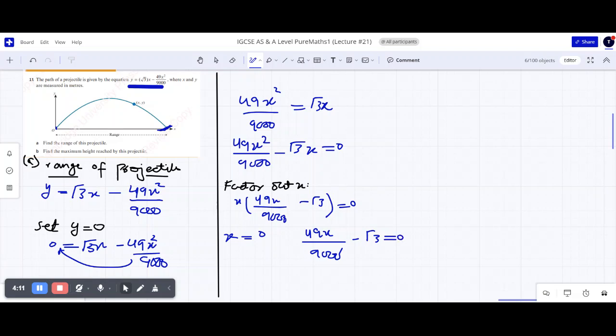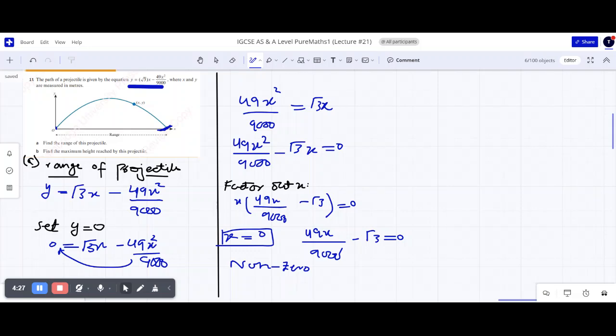First, x equals 0, and the second one is 49 x divided by 9,000 minus root 3 equals 0. The zero value we will neglect, because the range would not be zero. For the non-zero value we have to simplify.